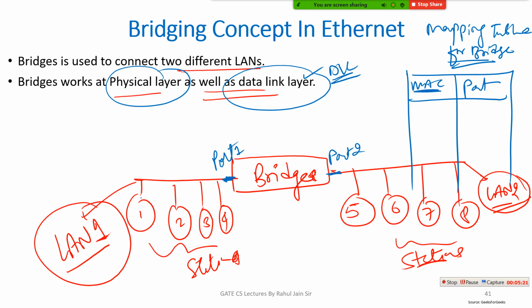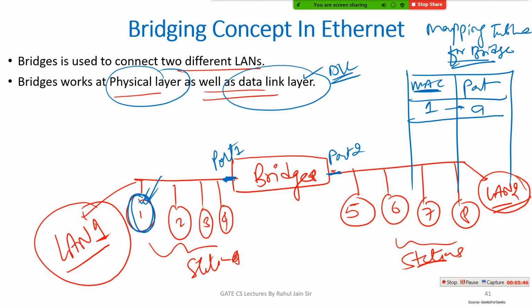The physical address of the first machine is termed the MAC address, media access control address. Whatever the physical address of the first machine is would be put under the mapping table entry, and in front of it I will put the port number, that is, the port of the bridge it is connected to.